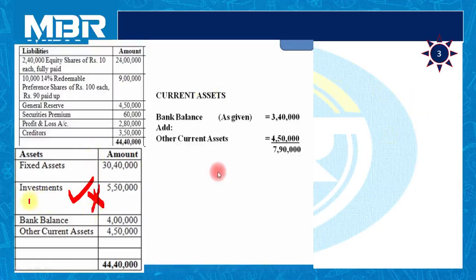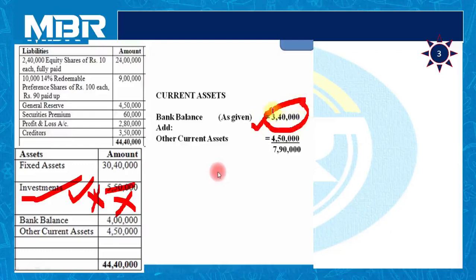Because we have already sold these investments. Once you sell your investment to someone, it is no longer an asset for you. So it is already removed from our balance sheet. Now bank balance 4 lakhs, but we have so many adjustments in the bank balance. So our bank balance is rupees 3,40,000.